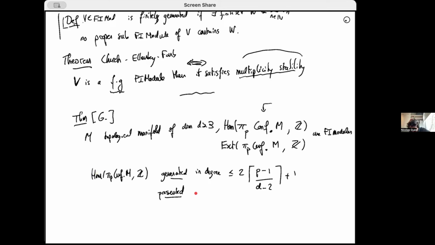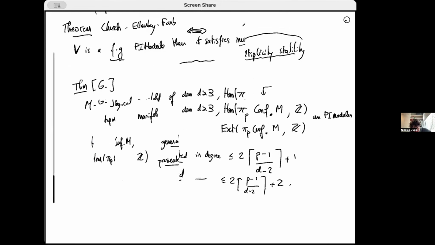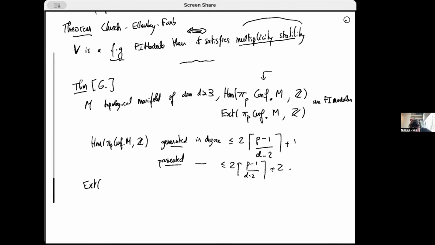So this is presented in degree more or less the same. There's a slightly larger bound, and we have exactly the same bounds for the X groups.